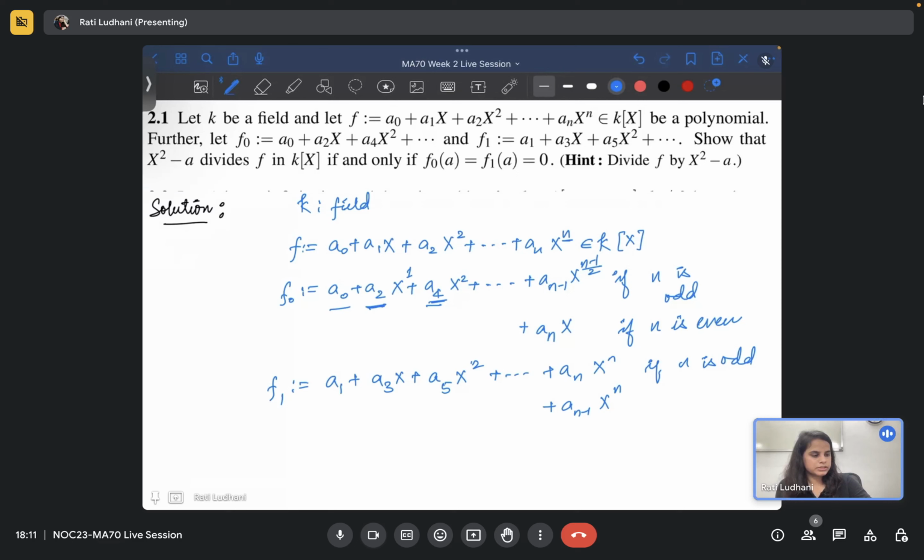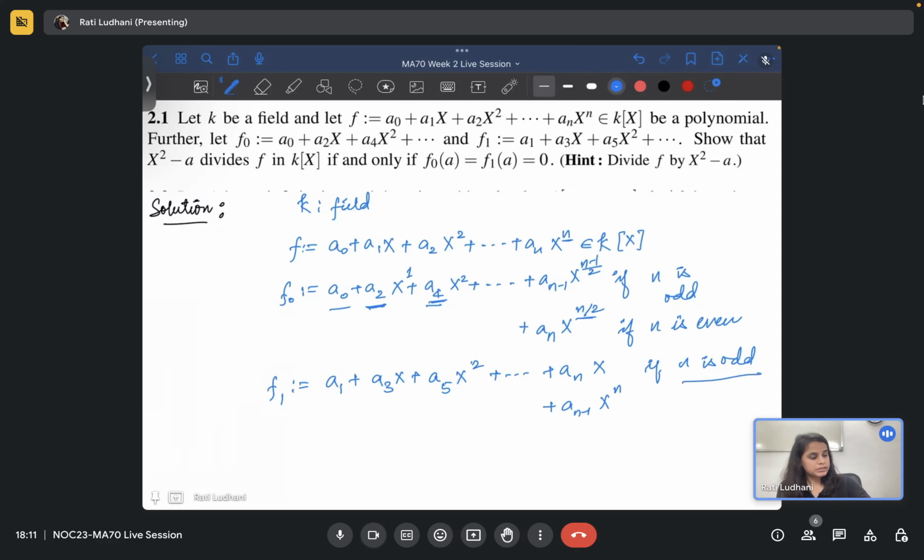And what about x raised to power, for n even, what should I write? Again, n by 2 will work, right? So n is even, then n by 2. So for f0, for all the powers of x we have a coefficient, and whatever index corresponds to that coefficient, we just take half of it. In f1, what will happen? You have a n, and n is odd.